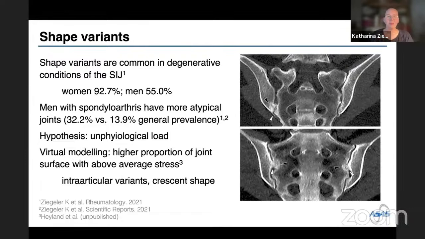This is still unpublished data, but we were able to show that, especially in the joints that we would classify as intra-articular variants and crescent-shaped ilium, we find a much higher proportion of joint surface that is exposed to above average stresses. So it may be understood as basically a change or enlargement of the load zone.